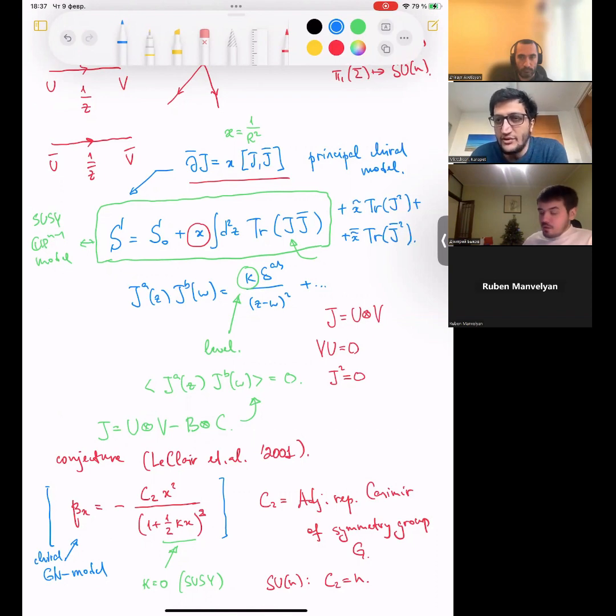But then, if you don't insist on SU(N) symmetry, you could add those terms. I mean, you could add something like trace of A J squared, where A is some matrix. This would break SU(N), but if you don't care about SU(N), this does not break chirality or anything. The point is that renormalizability requires that you cannot add J cubed or something.